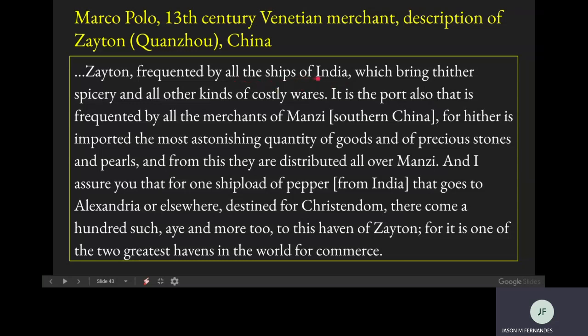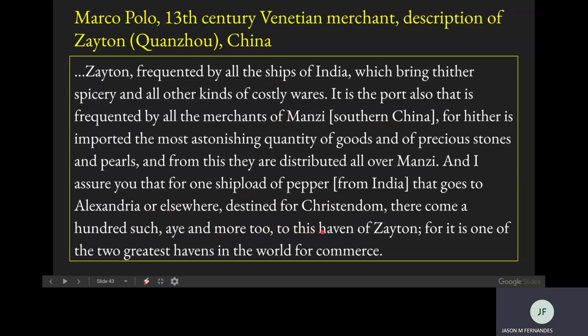Probably porcelain, silk. And not only do you have ships from India, but then you have regional merchants coming from southern China, right? To the port to buy goods and distribute throughout southern China. And he makes an interesting comparison in the end here. He says for every shipload of pepper from India that goes to Alexandria or Christendom, you know, he's referring to Europe here, there will be 100 that are coming to China, right?